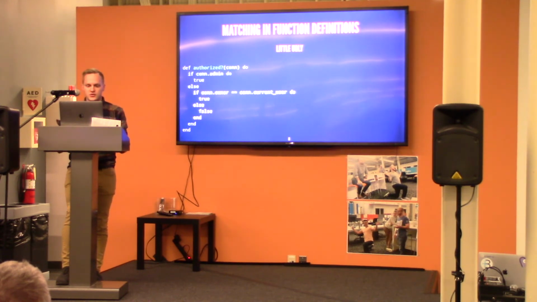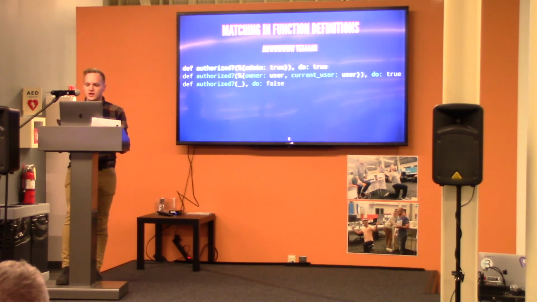Instead, you can just do this, which is write function definitions with multiple heads. So in this case, and it's evaluated from the top down, are they the admin? This is taking a con. Are they the admin? Then return true. Are they the current user? And you can notice in this case, it says owner, user, current user, user.